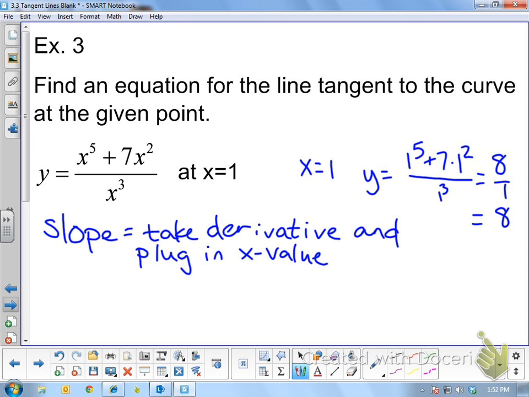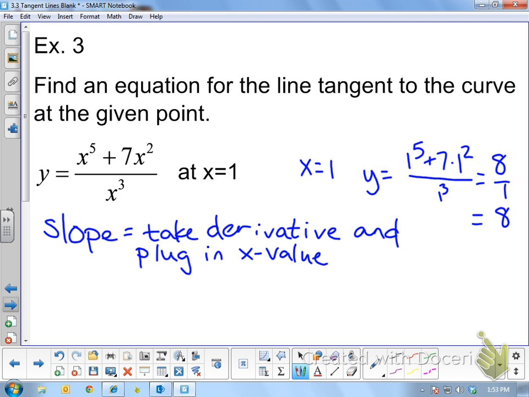For our position function, our regular function, when we plug in x, we get the y value. We get position, but if we take the derivative and plug in an x value, we get our speed, or our slope.